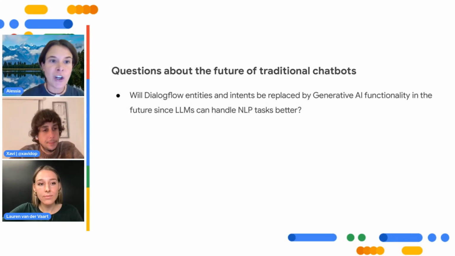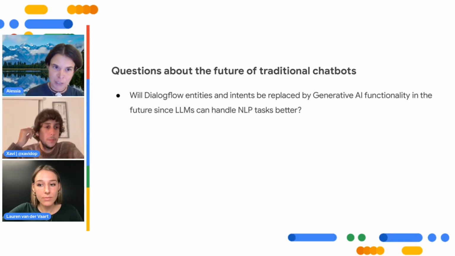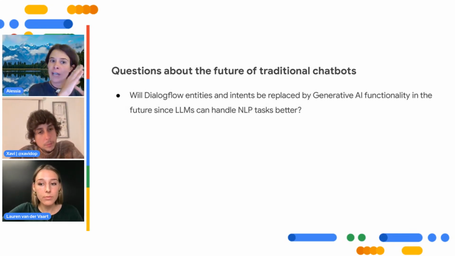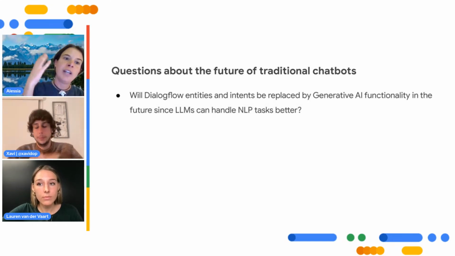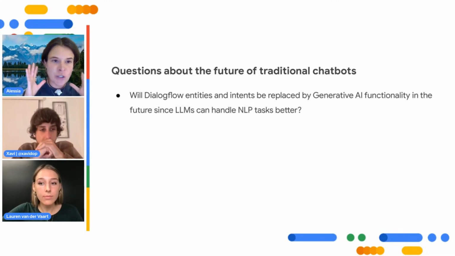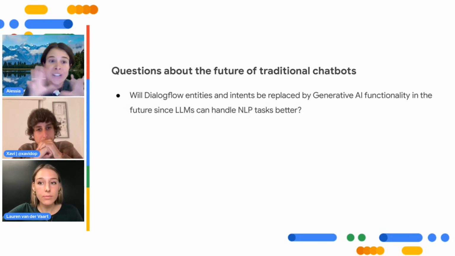We are working on generative playbooks that will allow you to create a Dialogflow CX agent in a different way. At the moment, you define flows and intents and transitions. In that case, you write natural language instructions that will generate a bot for you. But again, I do believe that all these are great features, but should be handled really carefully.